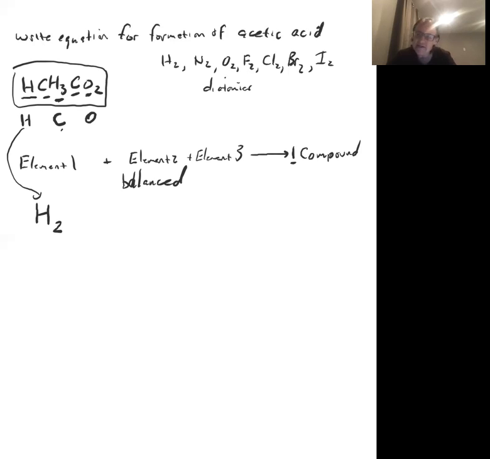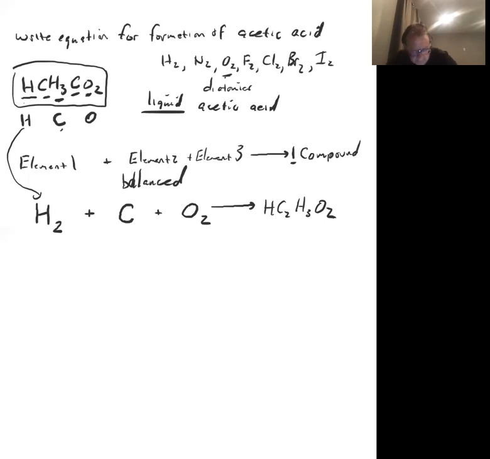Carbon is not one of the diatomics, so we can just write C. The next one is oxygen. That's a diatomic, so we write O2. Then we write the arrow, and then we write the formula for the compound. It says in this problem, I'm sorry I didn't write it in here, that it's liquid. Liquid acetic acid. So I'm going to write L here.